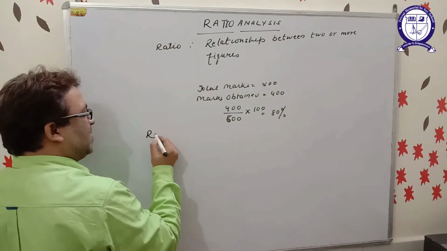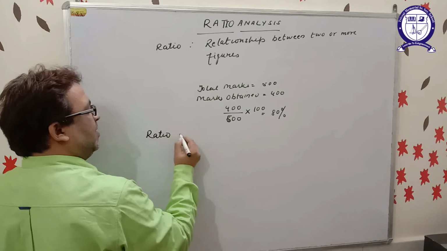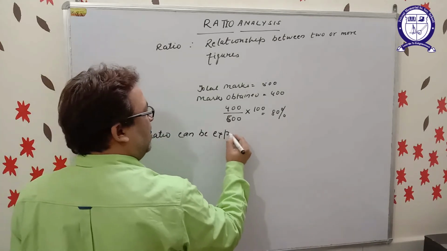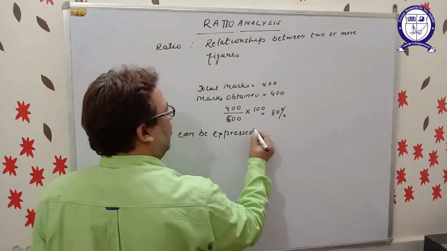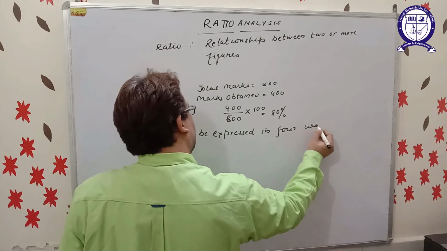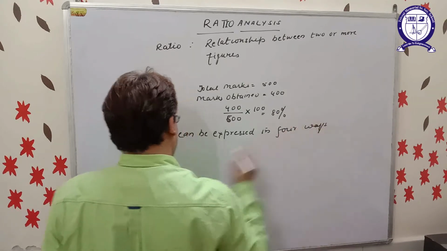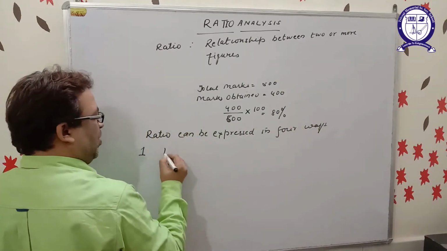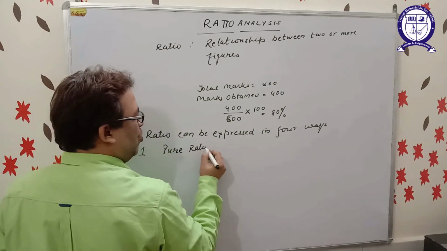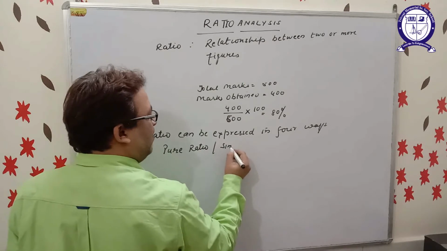Ratio can be expressed in four ways. Number one, pure ratio, also known as simple ratio.